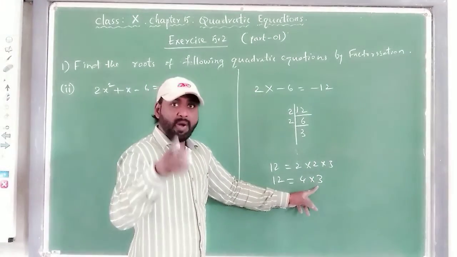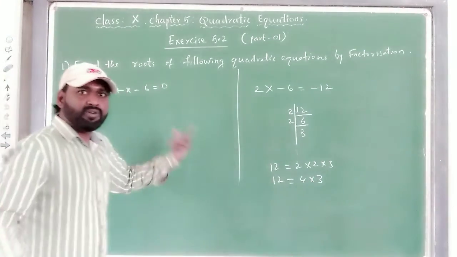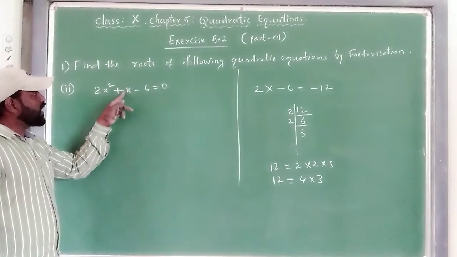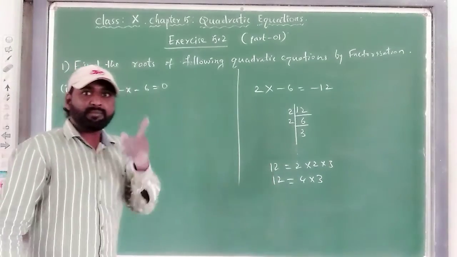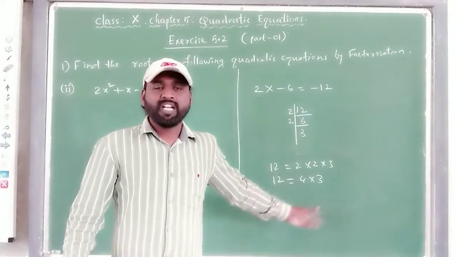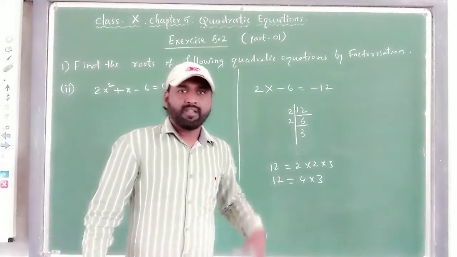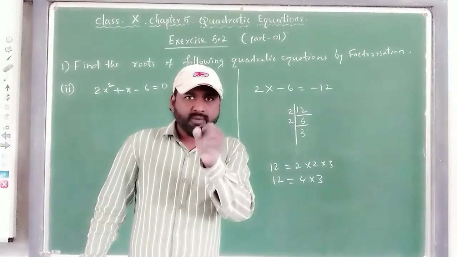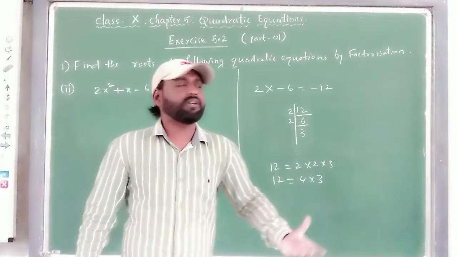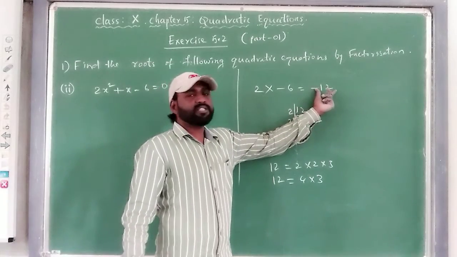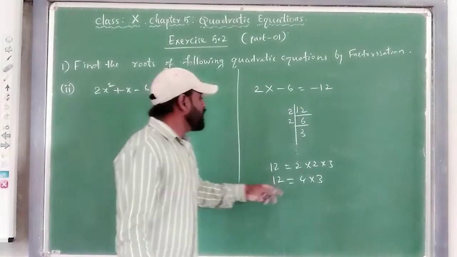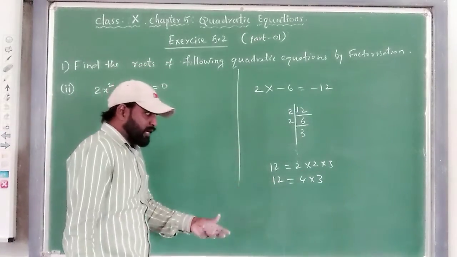But is that 1 positive or negative? The quotient of x is plus 1. That means we need to get plus 1 as the difference of these two factors. The product of the x square quotient and the constant term is minus 12. How can you write that?